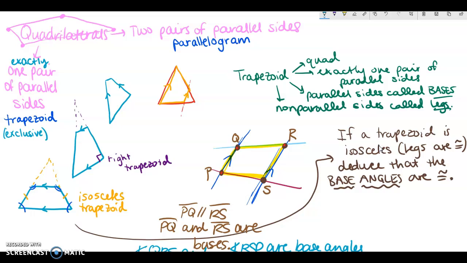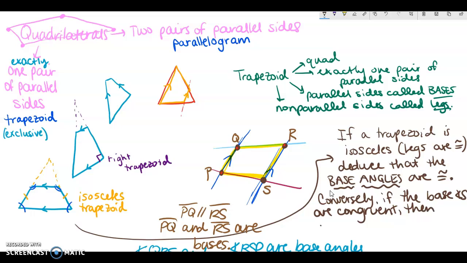You can deduce that the base angles are congruent. And then the converse is also true. If the base angles of a trapezoid are congruent, then the trapezoid is isosceles.